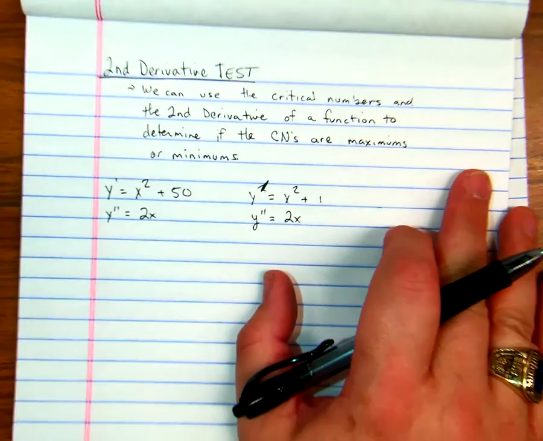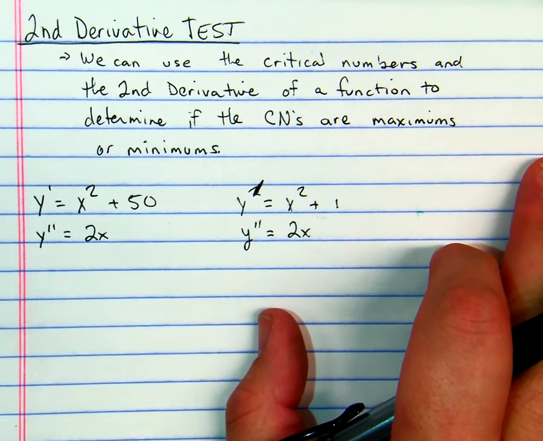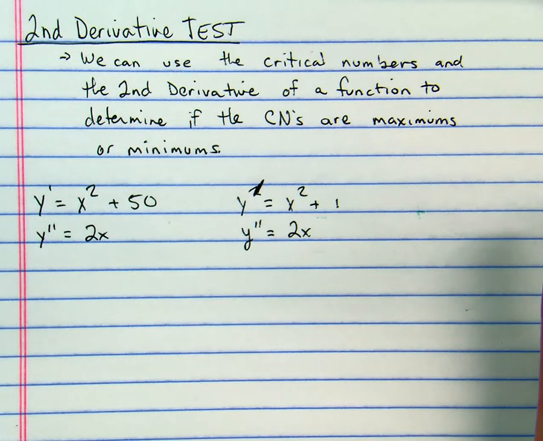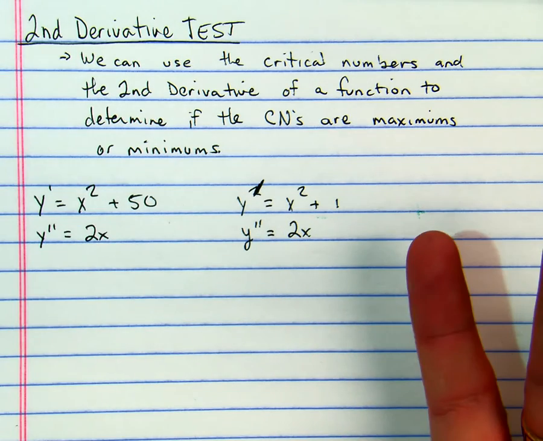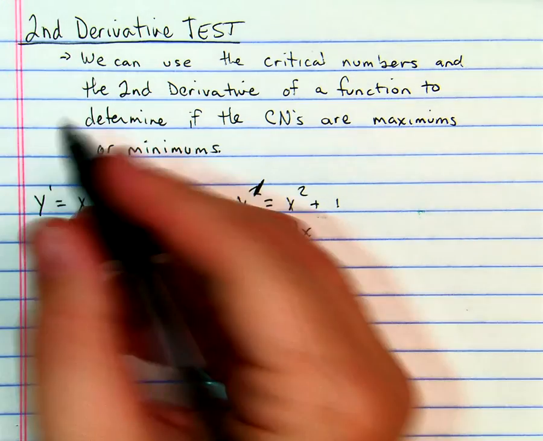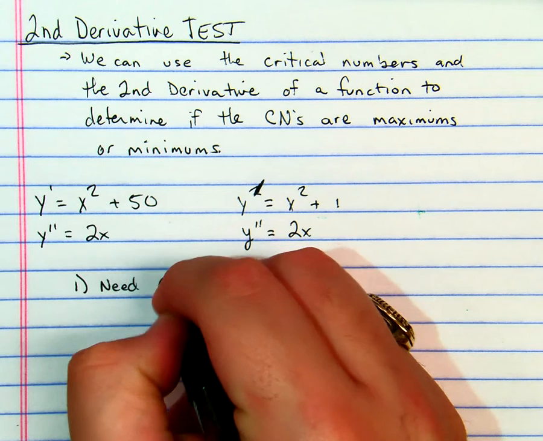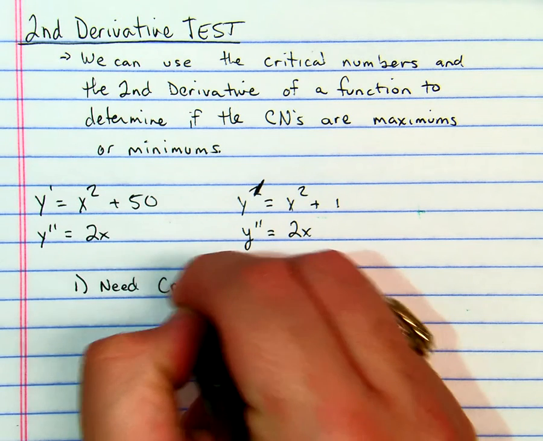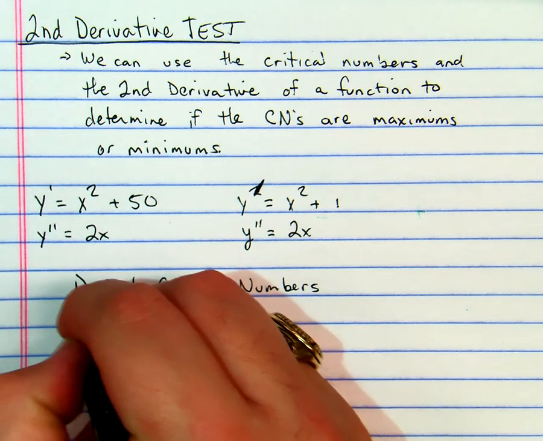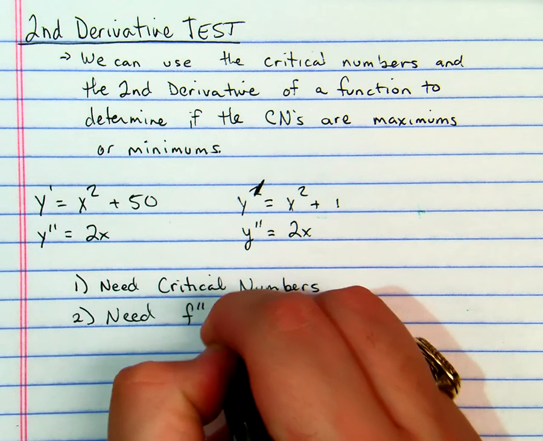So we say to ourselves, all right, we got to figure out a way to do this. How can I use a second derivative to figure out extrema? And it's actually pretty simple. So all you do is, 1, you need critical numbers. And 2, you need the second derivative.